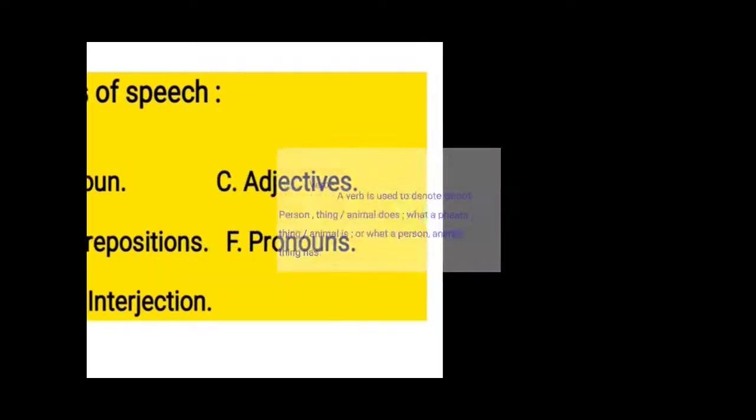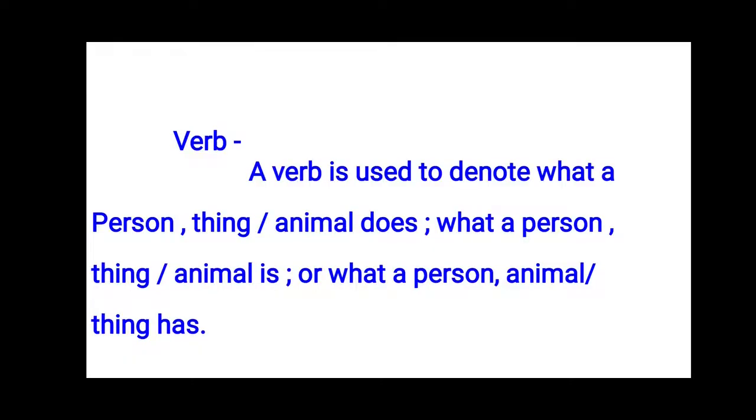From that class itself, we got to know that a verb is used to denote what a person, thing, or animal does, what a person, thing, or animal is, or what a person, animal, or thing has.